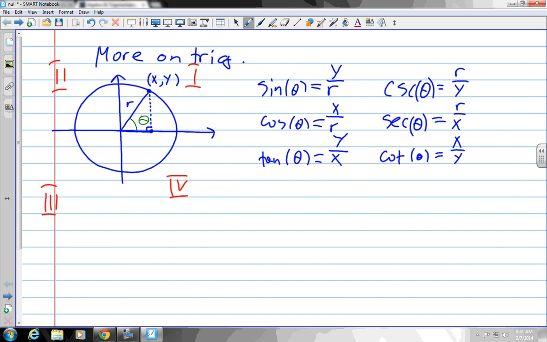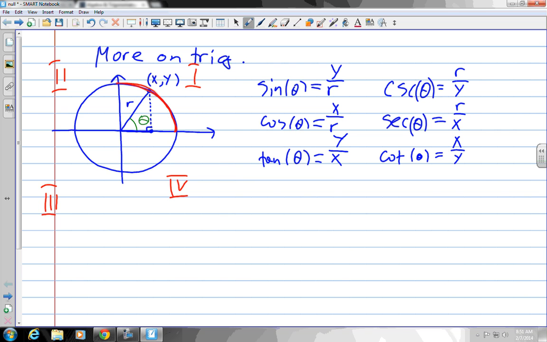So if theta is in the first quadrant, then all of my trigonometric functions are going to be positive, right? r is always positive by definition. r is the radius. Well, in the first quadrant, both x and y are going to be positive. Do you agree with that? If I take any point on that circle as long as it's in the first quadrant, both x and y values will remain positive.